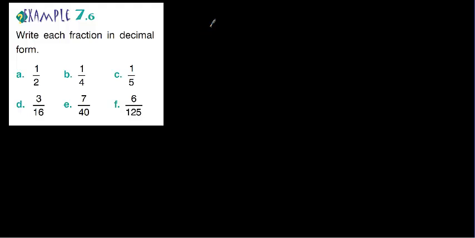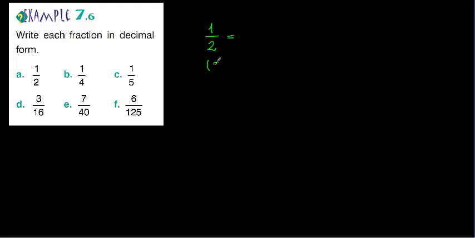I'm starting with the first one, 1 over 2, and now I should think which number I can multiply by to get 10, 100 or 1000, and this is the important part here, or 10,000.